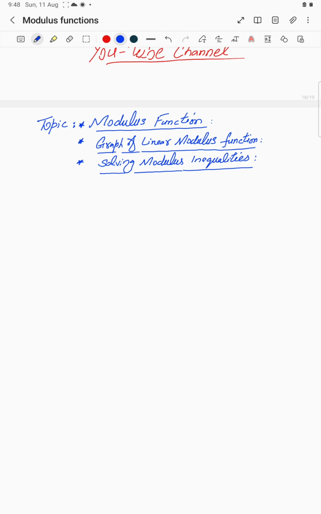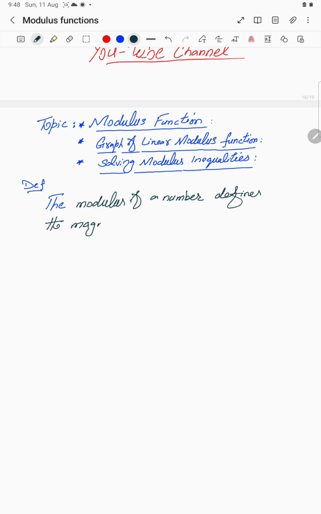Definition: the modulus of a number defines the magnitude of the number, but without a sign attached.